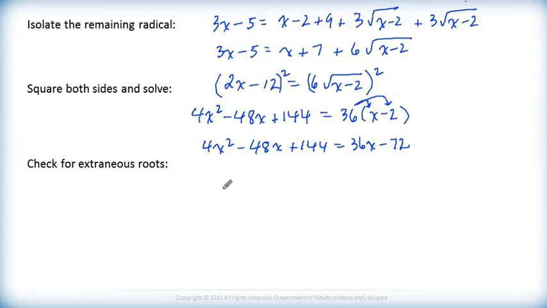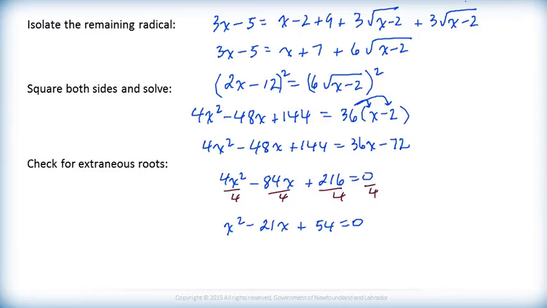So 4x squared minus 48x plus 144 equals 36x minus 72. Making it all equal 0, I've got 4x squared minus 84x plus 216 equals 0. Dividing everything by 4, I get x squared minus 21x plus 54 equals 0. By factoring, I wind up with x equals 18 and x equals 3.